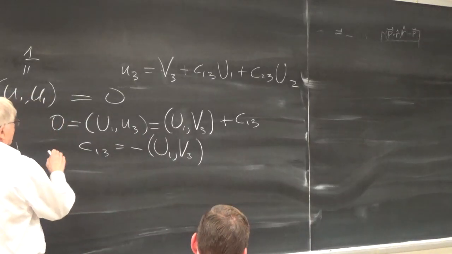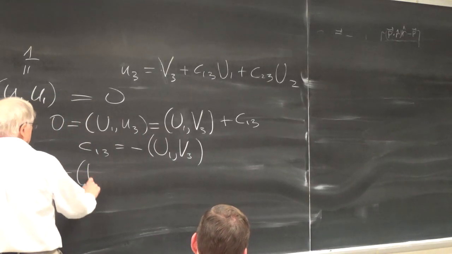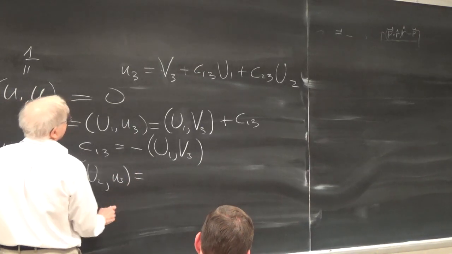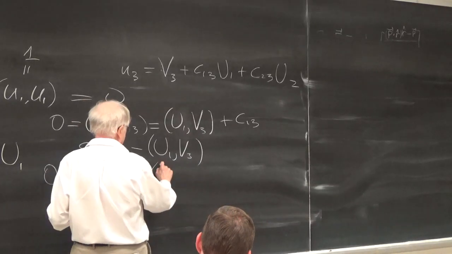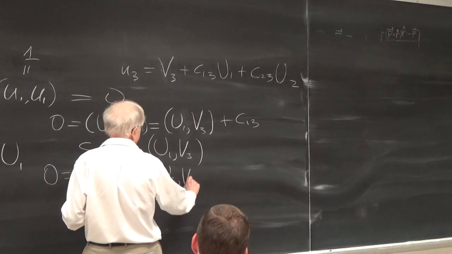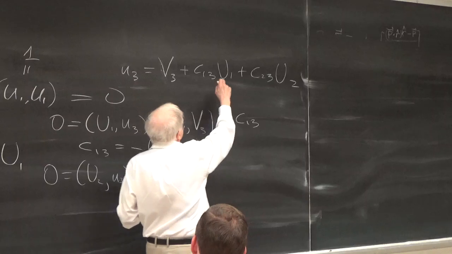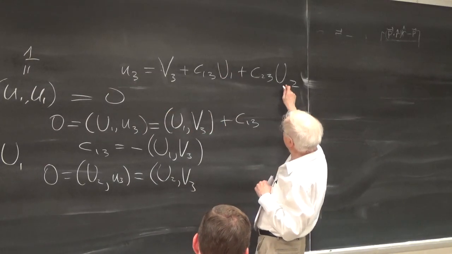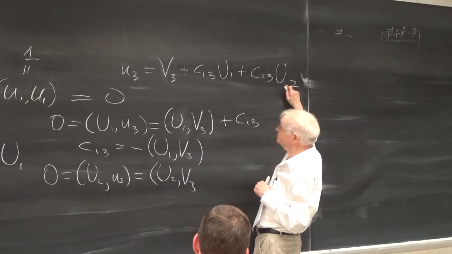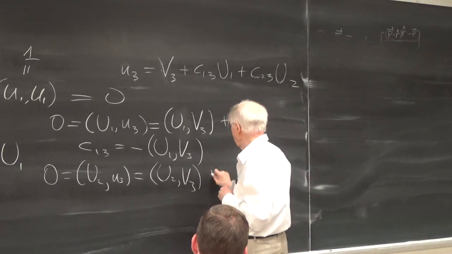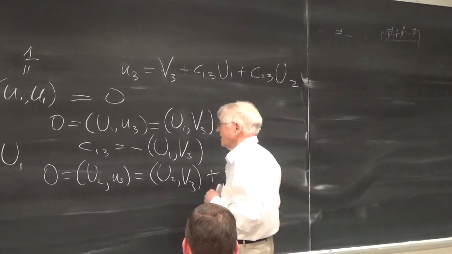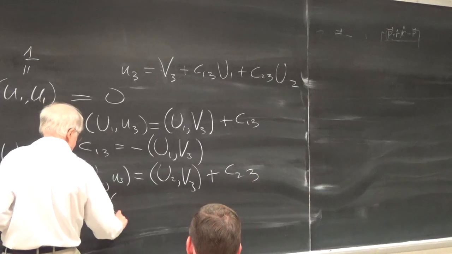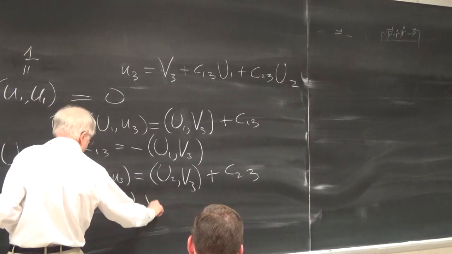Similarly, we want U2 to be orthogonal to u3. This would be U2 with v3, the first term vanishes because U2 and U1 are orthogonal, and capital U2 is normalized, so this gives us plus c23. So c23 is minus the inner product of U2 with v3.